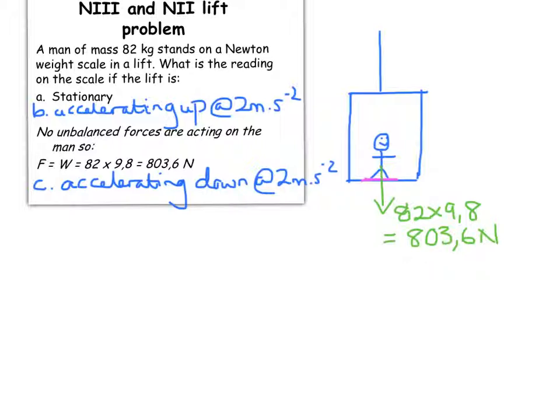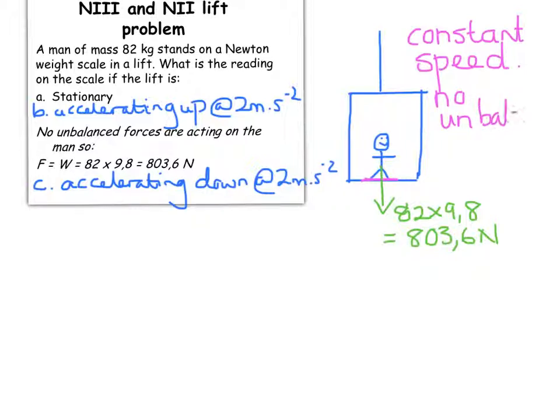The truth of the matter is as well that if this lift was moving at a constant speed, any constant speed, up, down, no matter what, there are no unbalanced forces. There's no acceleration. Without acceleration, we can't get a force resultant because force resultant is equal to mass times acceleration.